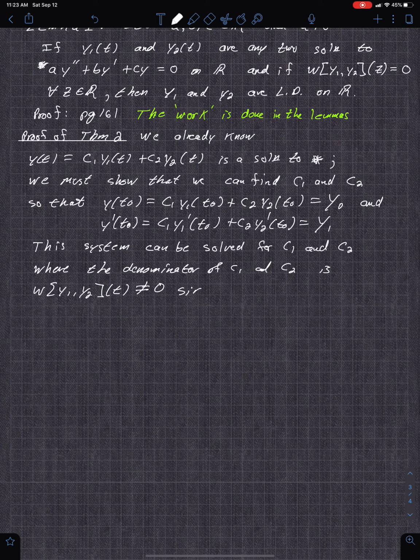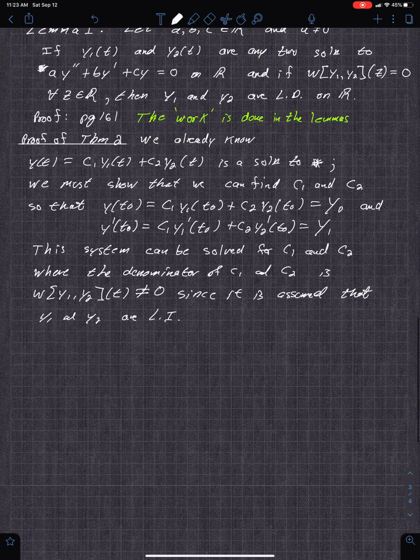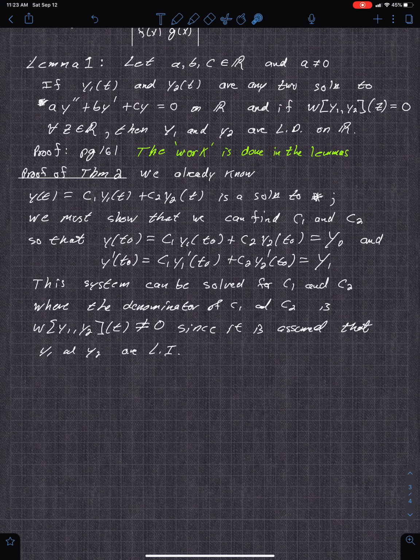Since it is assumed that y1 and y2 are linearly independent. Okay, so that's what's not, I think, clear at all in the book.